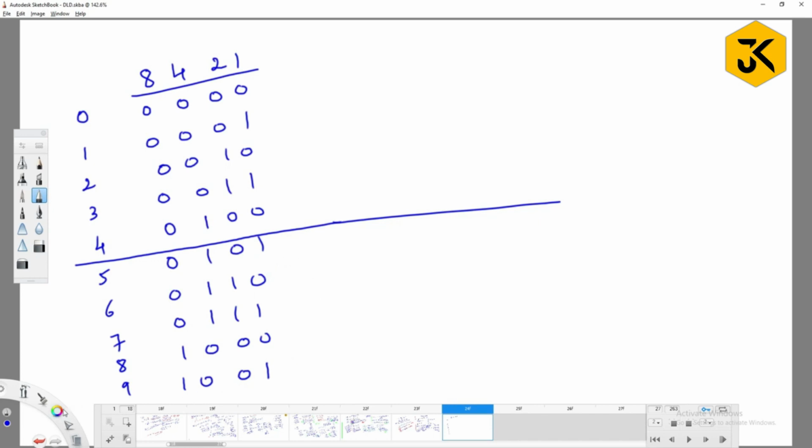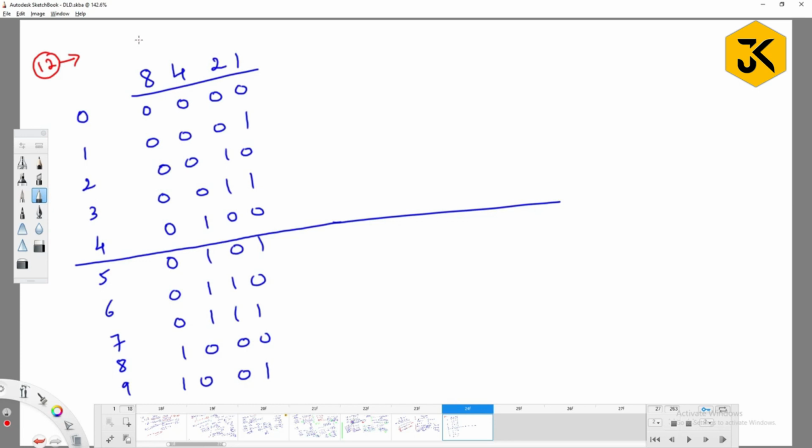Guys, if somebody asks you to represent the number 12 in the 8421 system, is it possible? No, because its pattern ranges from 0 to 9. You cannot represent anything other than this. But what is another way to represent 12?